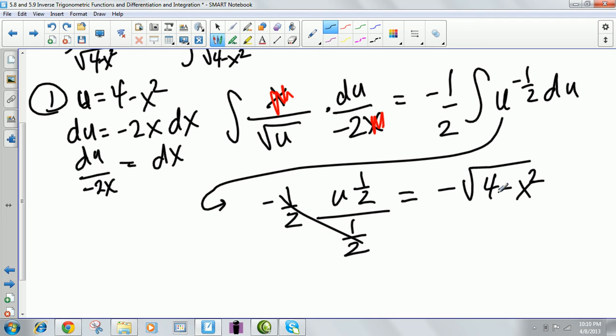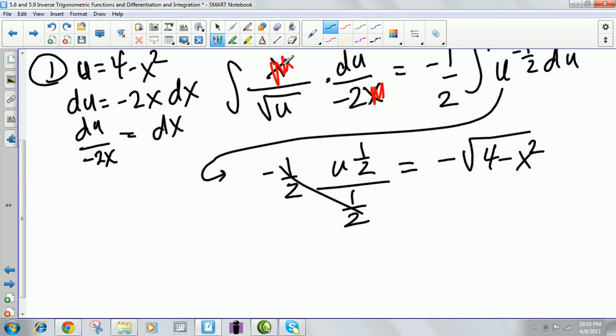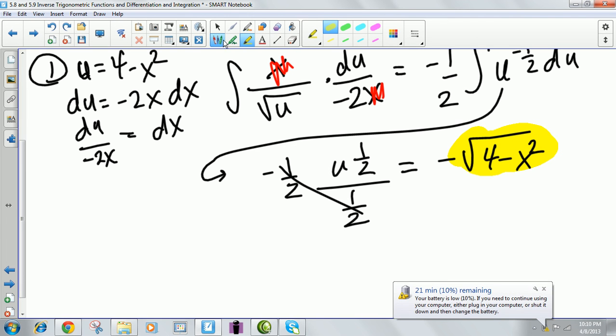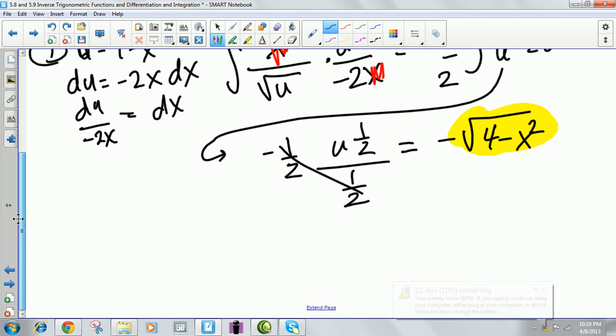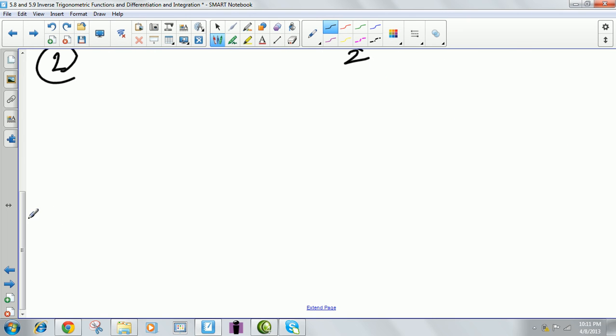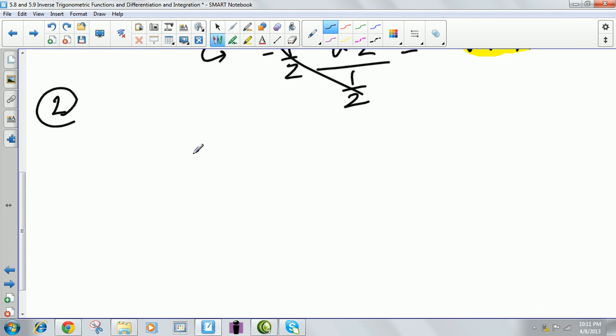And that 1/2 can come out front, so you'd have just negative 1/2 times the integral of just 1 over the square root of u, which is u to the negative 1/2. And then when you integrate that, you add 1.